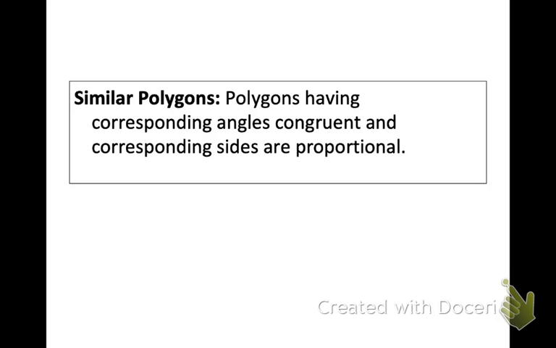Similar polygons are polygons having corresponding angles congruent and corresponding sides proportional. So polygons having corresponding angles congruent and corresponding sides are proportional.